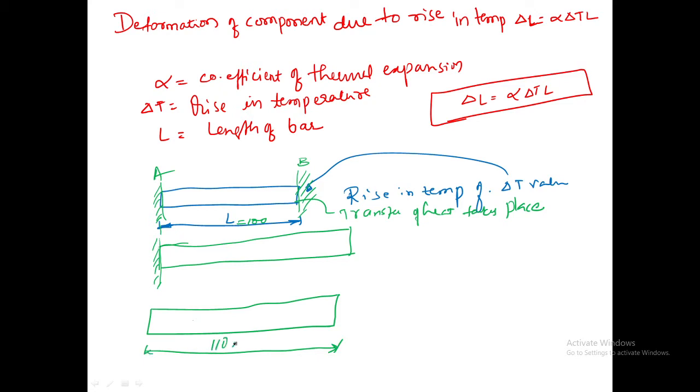The original length is 100, the new length is 110. So the change in length is how much? 10 mm. Suppose you prevent the expansion of this 10 mm of the bar, what will happen at support A and what will happen at support B?